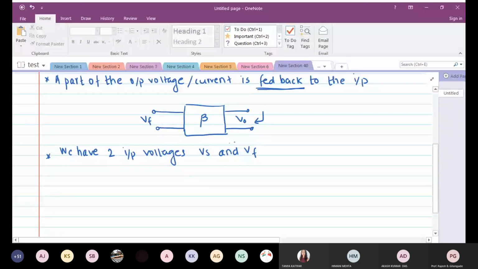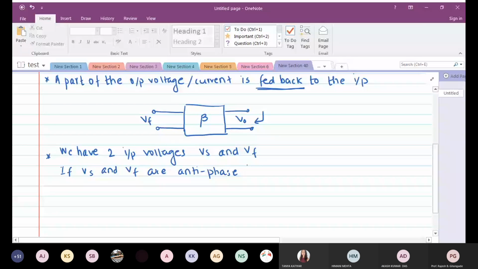Another important thing is that if Vs and Vf are anti-phase, what do you mean by anti-phase? Out of phase by 180 degrees.